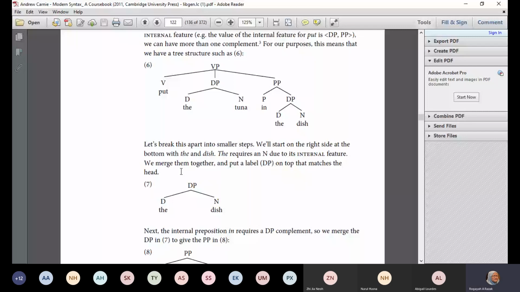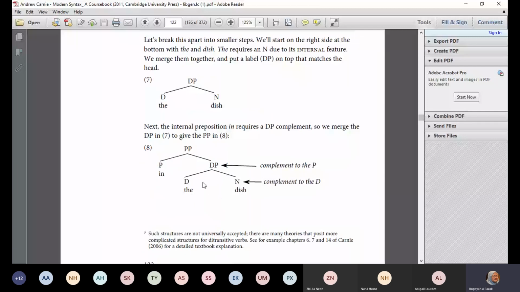I told you just now. So what happens is, dish is the complement to the D, and then you have the DP. The DP is the complement to the P.